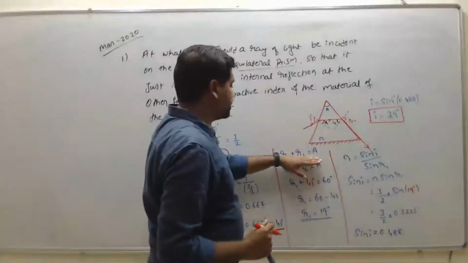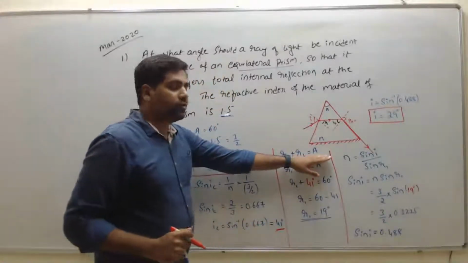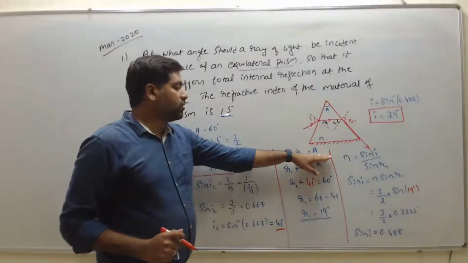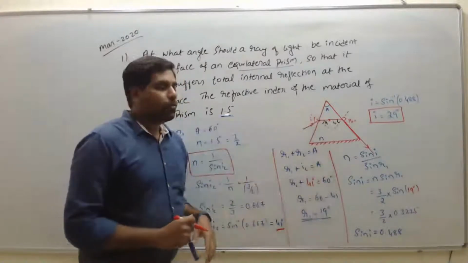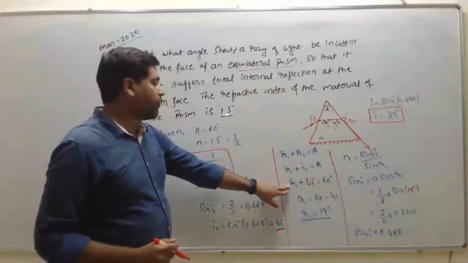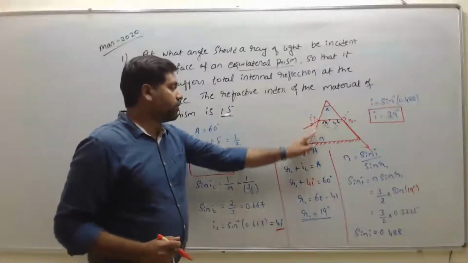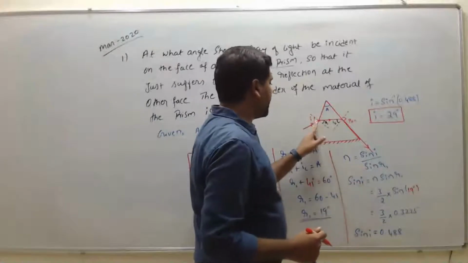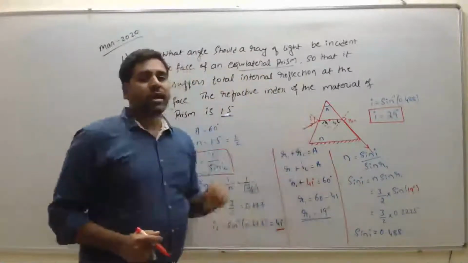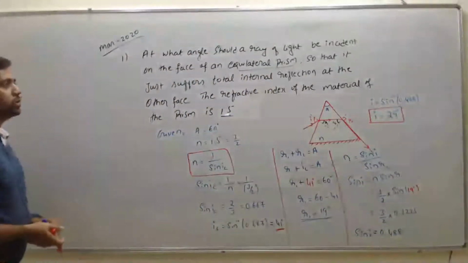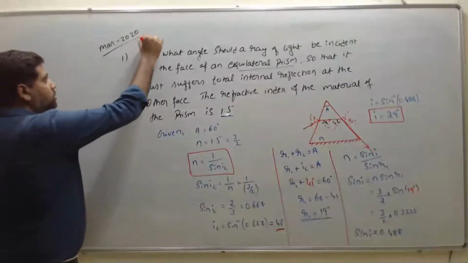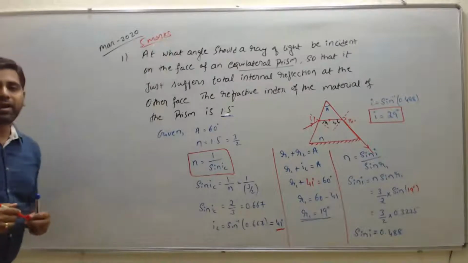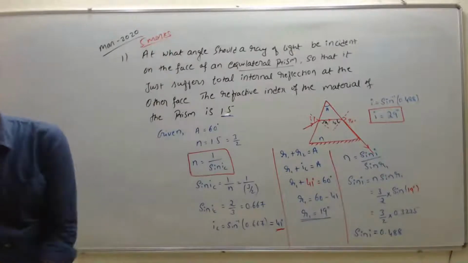From the derivation we know r1 plus r2 is equal to A, that is, the sum of the angles of refraction is equal to the angle of the prism. Here we find the angle of refraction for the first phase, then by applying Snell's law we calculated the value of i. This question is asked for 5 marks this year, right? So next question.